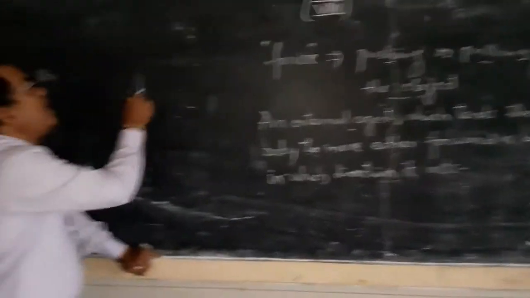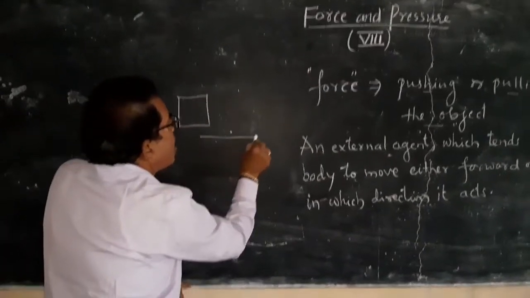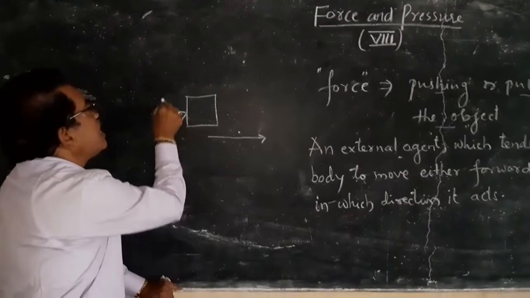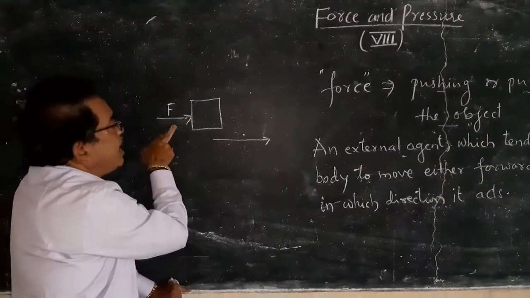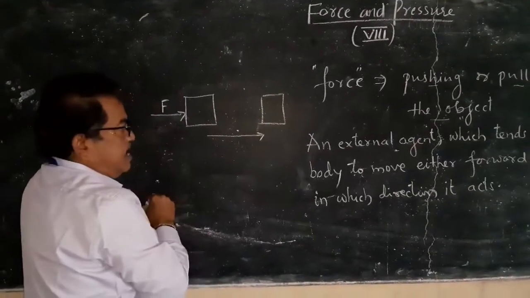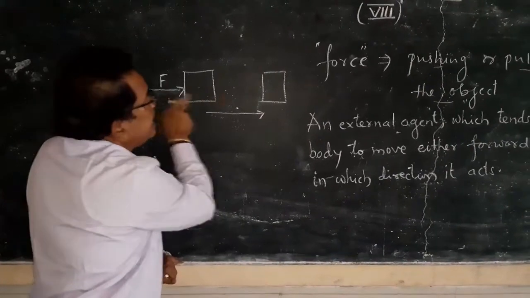For example, here is one object. Suppose if you want to move this object towards this side, we have to apply the force here. When there is application of force, this object moves to these places. So, in which direction does it act? It is acting in this direction.